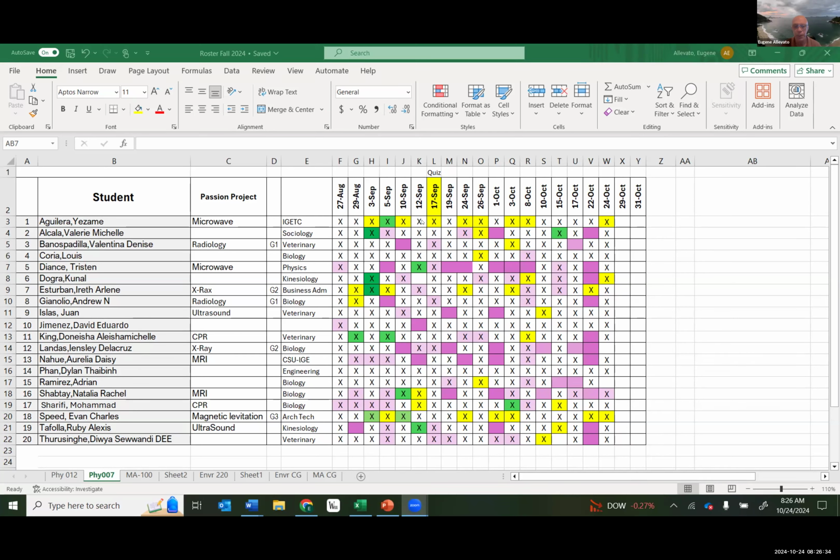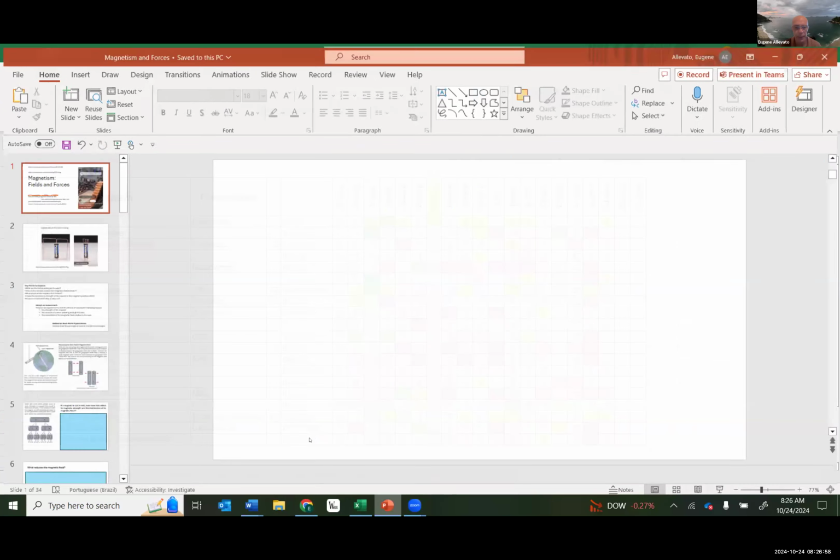If you see your name with green tags, it means you participated in class, solving problems. If you see purple, it means you didn't show up. If you see purple with an X, it means you didn't show up, but you justified your absence. I just want to make sure you guys see that.